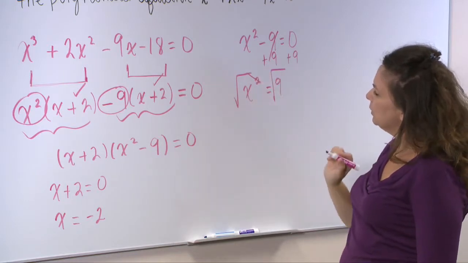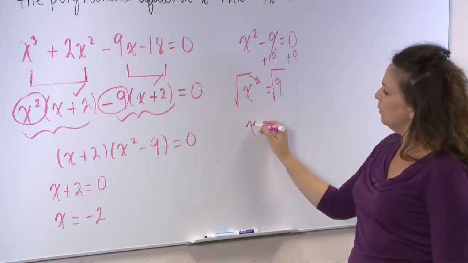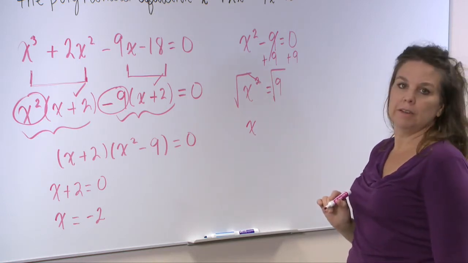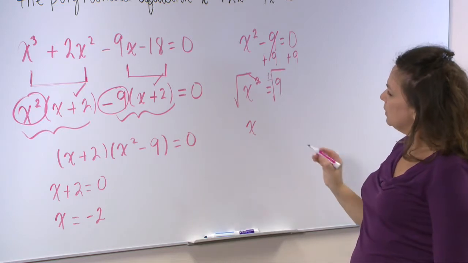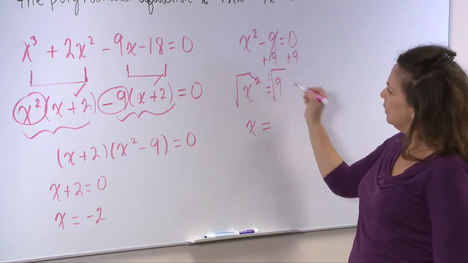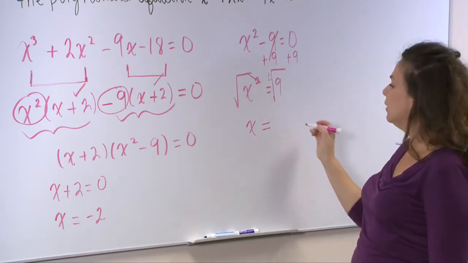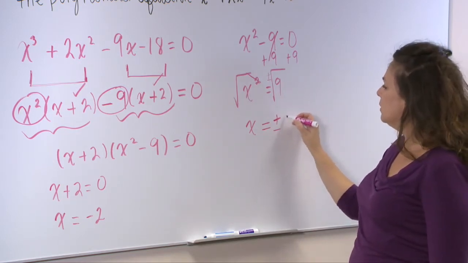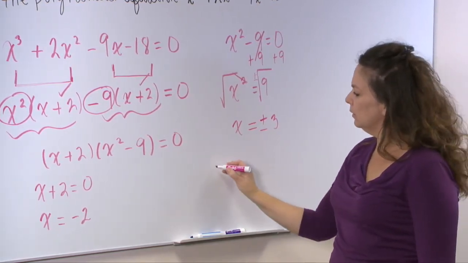These are inverse operations. So square rooting the square, I'll be left with x on the left side. When I introduce that square root, I'm going to put a plus or minus here. So we have x is equal to plus or minus the square root of 9. And the square root of 9 is 3. So we have x is equal to plus or minus 3.